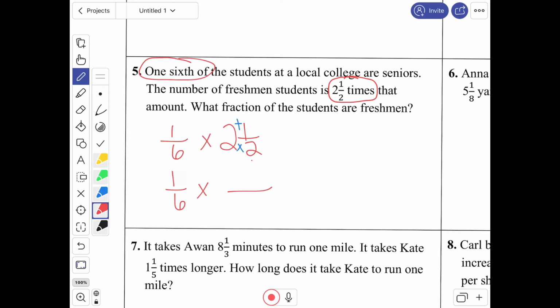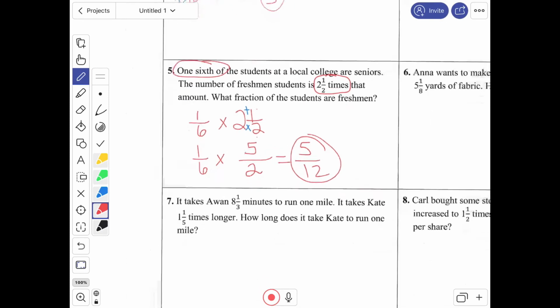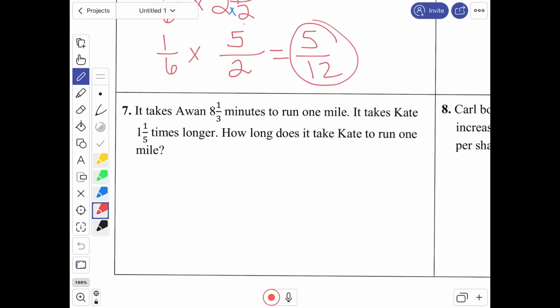So it'll be 1/6 times 2 times 2 is 4, plus 1 makes 5 over 2. Nothing we can simplify there, so go straight across. 1 times 5 is 5. 6 times 2 is 12. So 5/12 of the students are freshmen.